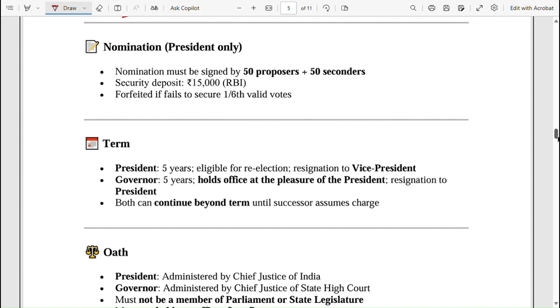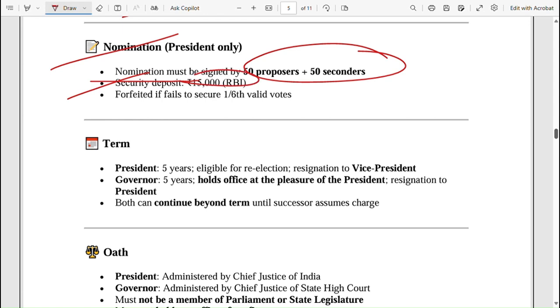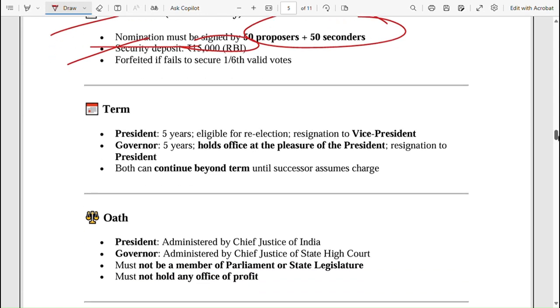And what about nomination? Nomination is only for the president. For the nomination to take place, it has to be signed by 50 proposers and 50 seconders, and a security deposit of 15,000 has to be paid when you contest the presidential election.